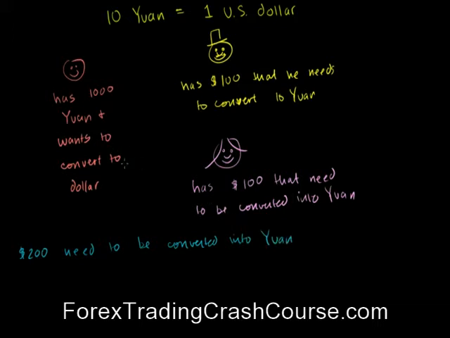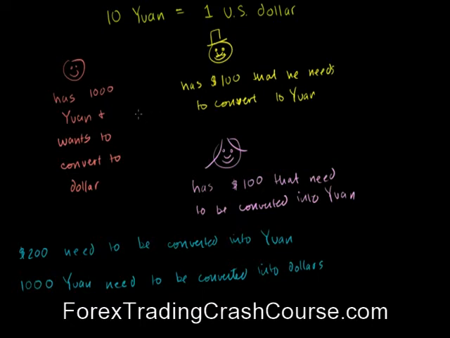And on the other side of that transaction, we have 1,000 yuan that need to be converted into dollars. And for simplicity, these are the only actors. They are representing the entire market.